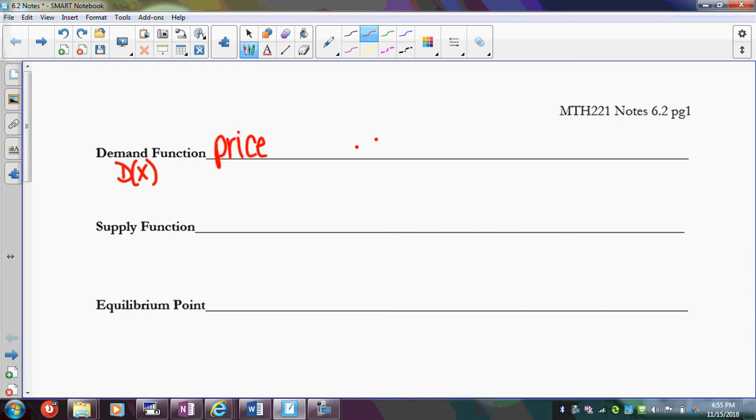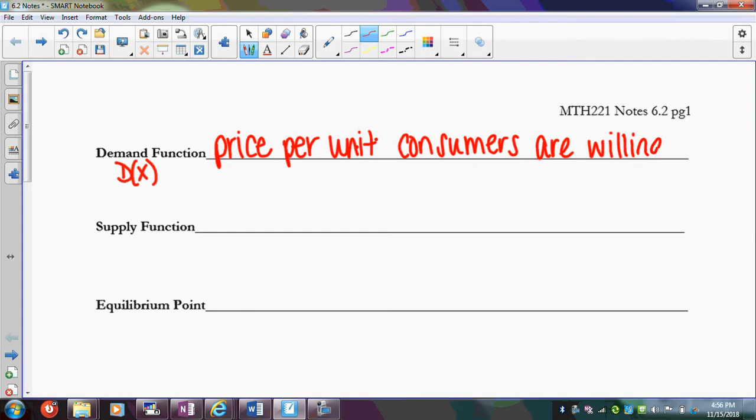So it's the price per unit that consumers are willing to pay when x units are made available.